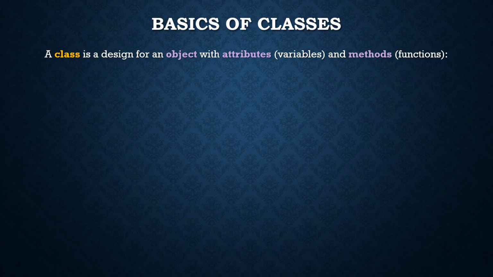Let's say we are designing software for an e-learning management system. One of the classes for that system would be a student class. The attributes for a student class would be something like the name of the student, the date of birth of the student, or the UFID of that student.